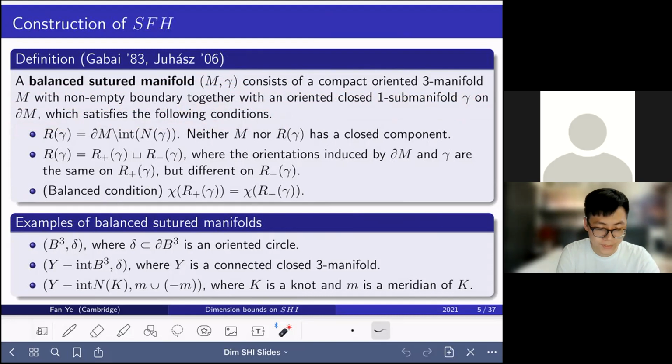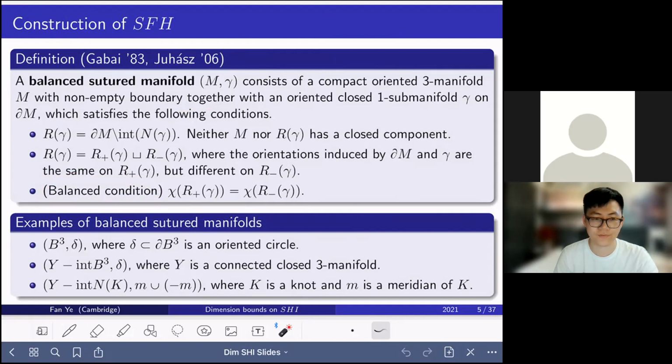The first thing is that gamma divides the boundary of M into two parts, R plus and R minus. By the way, there are different orientations on R plus and R minus. And there's an important condition such that the Euler characteristic of R plus and R minus should be the same.